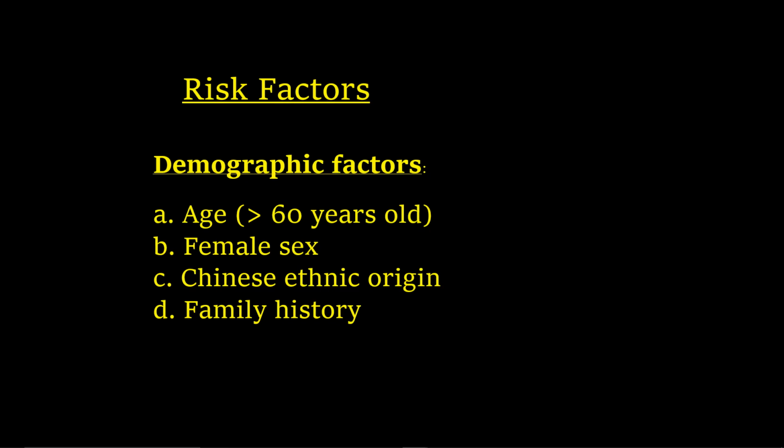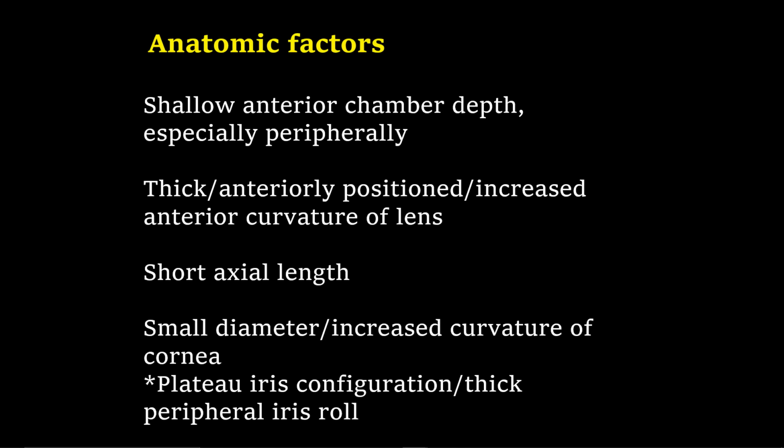Because of the smaller size of the eyeball, there is more approximation of the iris and the cornea. That's why there are chances of closure of the anterior chamber angle. Similarly, Asians or Chinese are smaller in size than the rest of the races. That's why there are more chances of closed angle glaucoma. Similarly, family history is also important.